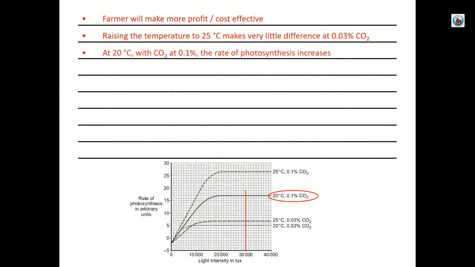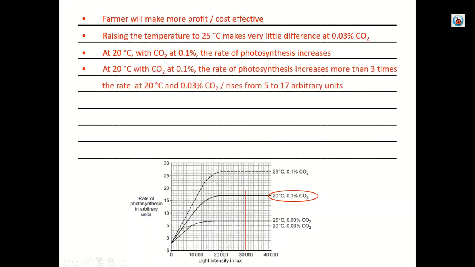What we could also add, if you look closely, is that at 20 degrees Celsius with carbon dioxide at 0.1%, the rate of photosynthesis increases more than 3 times the rate at 20 degrees Celsius and 0.03% carbon dioxide. And we can see it's rising from about 5 arbitrary units to 17 arbitrary units. So let's write that down.